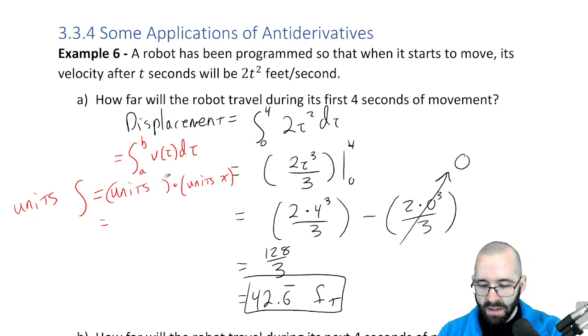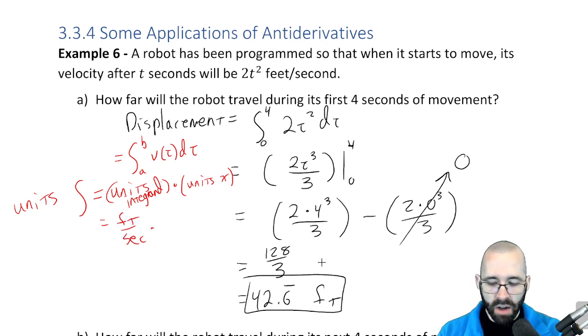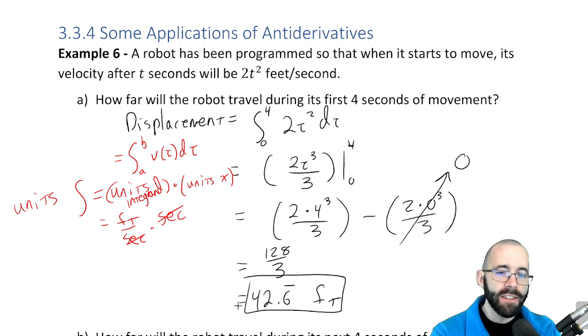Say integrand. Units of our rate, which was feet per second, times our input, which is actually t here. Our input is time in seconds. That's another way that you can see that our answer is in feet.